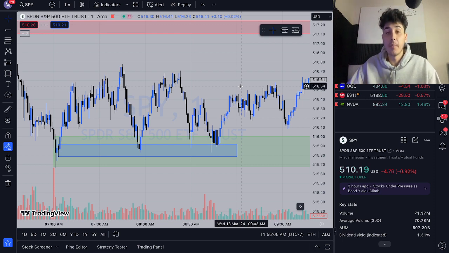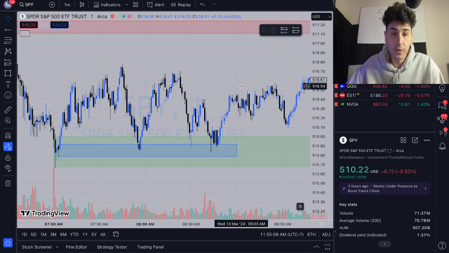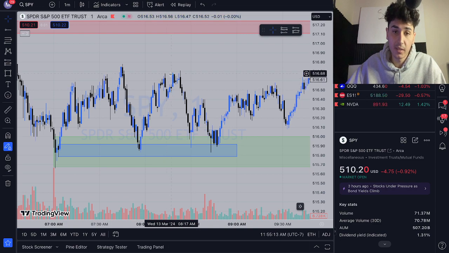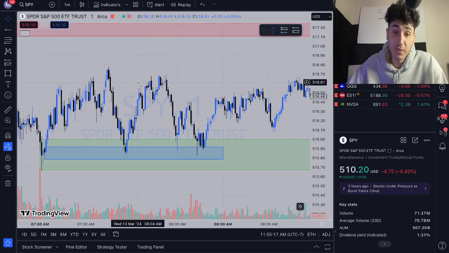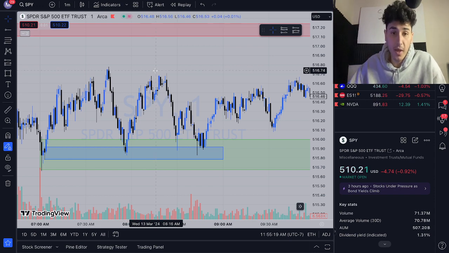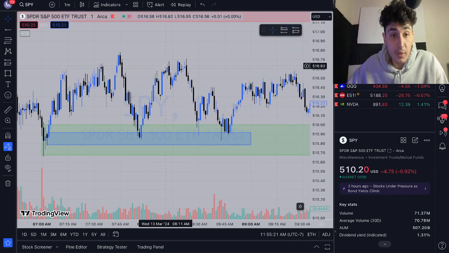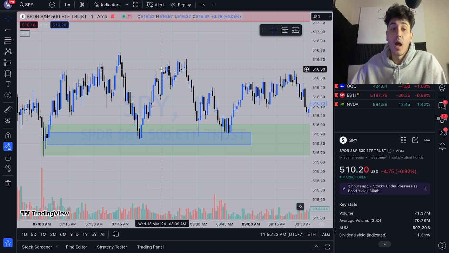But most of the time, I'm just looking to catch a regular size move. Something like this, a nice move to the upside, is perfect for me. Sometimes something even smaller is fine. But for my take profits, I'm always using high potential reversal areas.